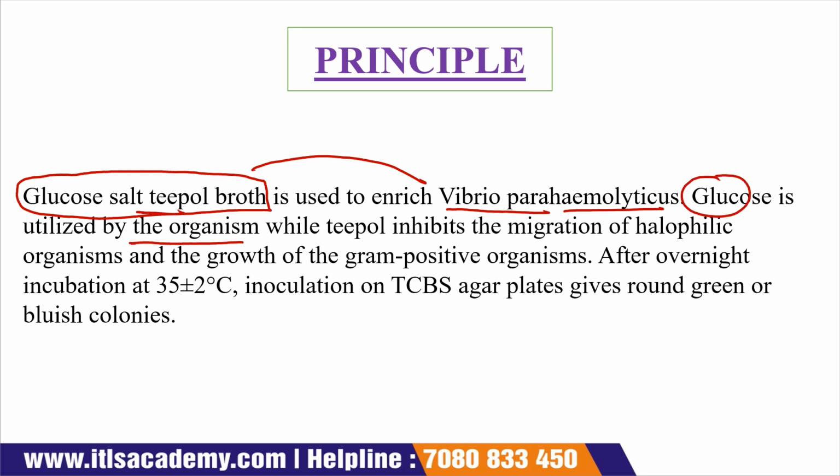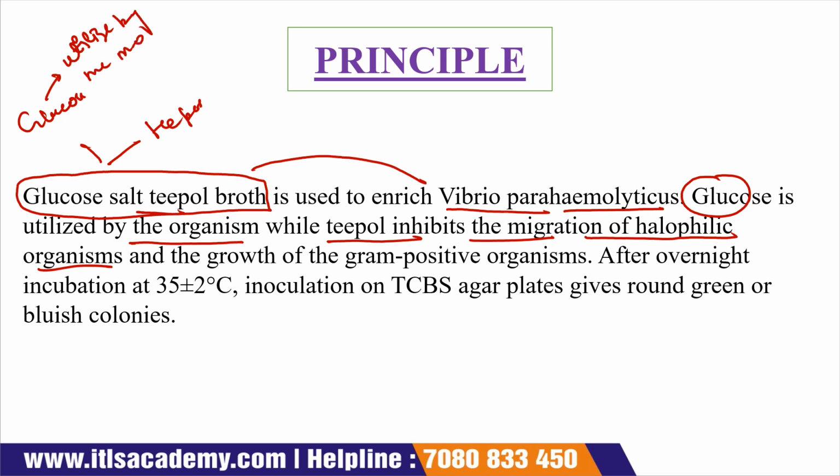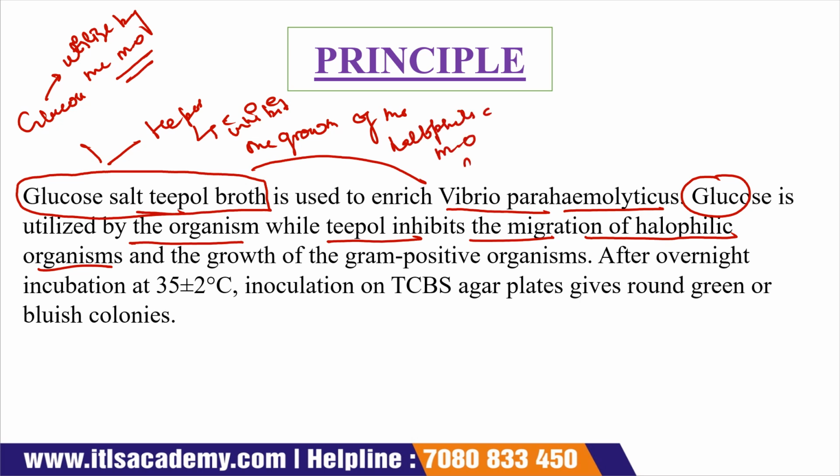Glucose is utilized by the microorganism, and the tipol inhibits the growth of other halophilic microorganisms and also inhibits the growth of gram-positive microorganisms.